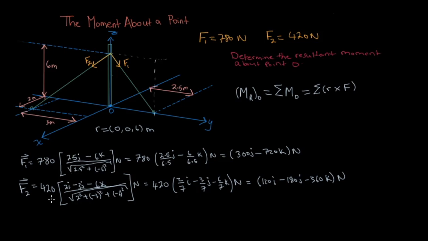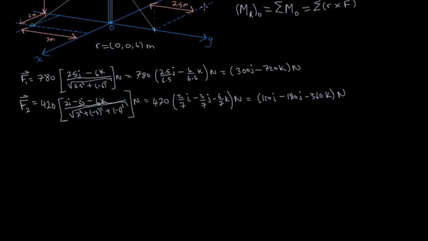So now what we can do is go ahead and take the cross product of R and F1 plus the cross product of R and F2.